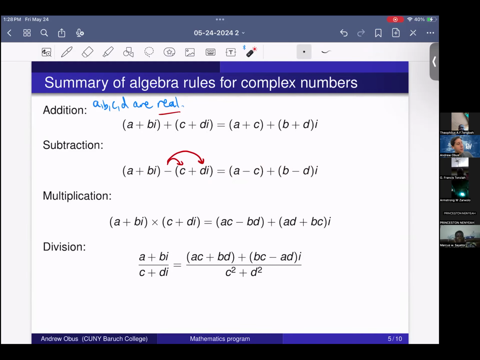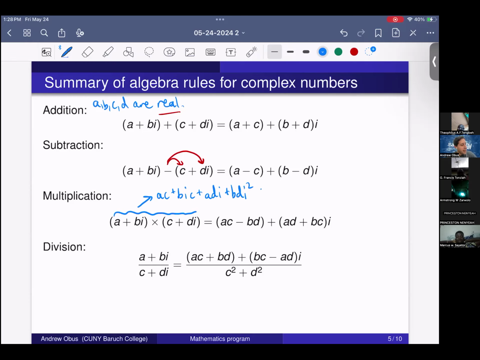Now, the multiplication formula is a little less straightforward to completely see, but let's just do this out as if we were doing this. So what is a plus bi times c plus di? Well, that's ac plus bci plus adi plus bdi squared, which is me doing all four terms.